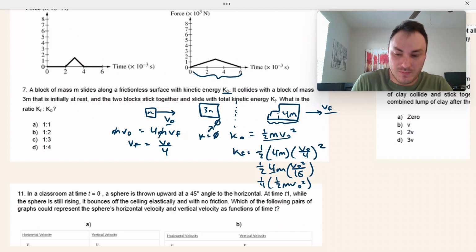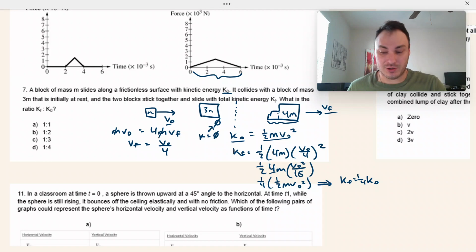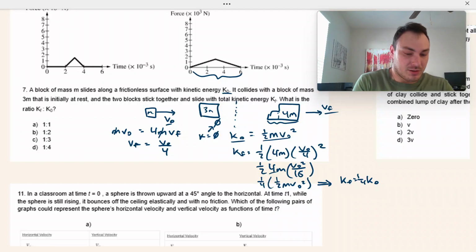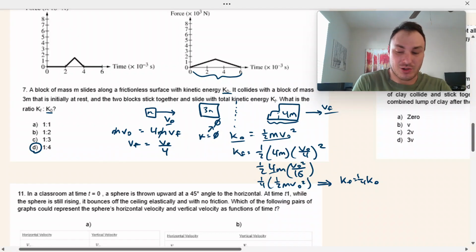And 1/2 m v naught squared is k naught. So that means k final equals 1/4 k initial. So the kinetic energy went down by a factor of 4. So it's going to be this one, the one that's a 1/4 ratio, and the initial kinetic energy was greater than the final kinetic energy.